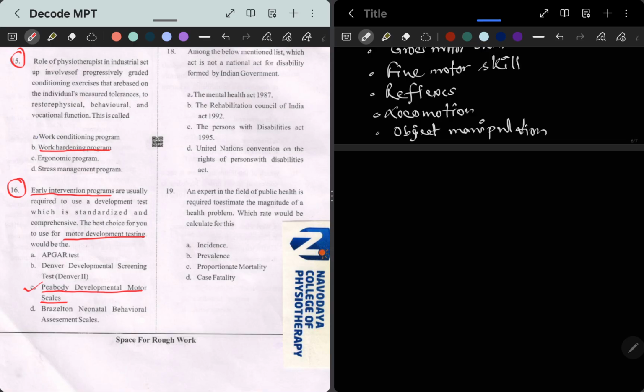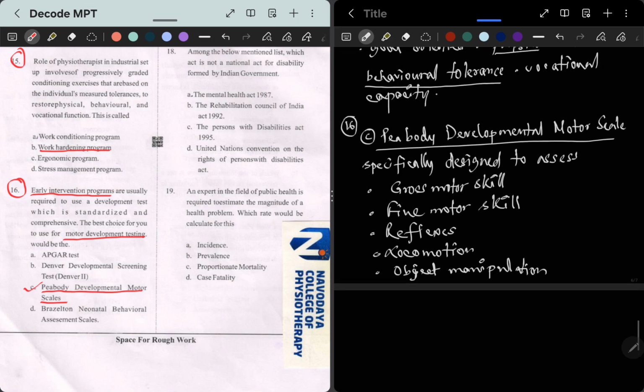So why is the answer the Peabody developmental motor scale? For early intervention program, usually for motor developmental testing, it will be standardized and comprehensive.